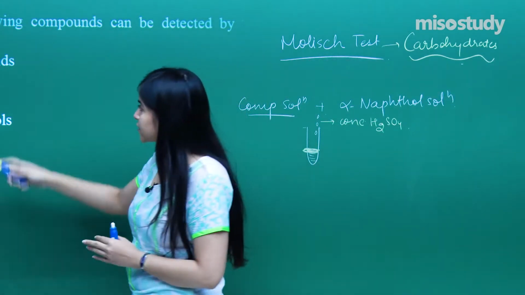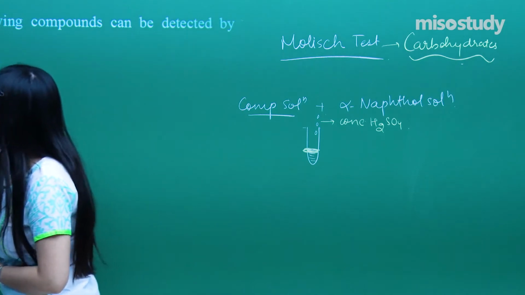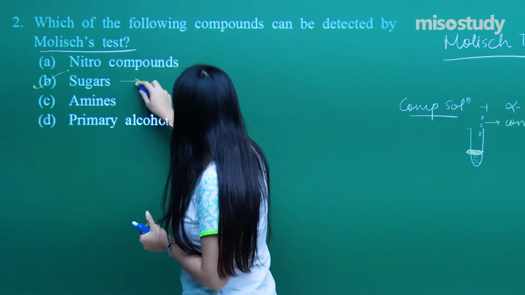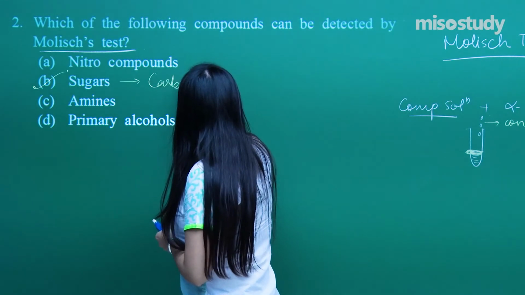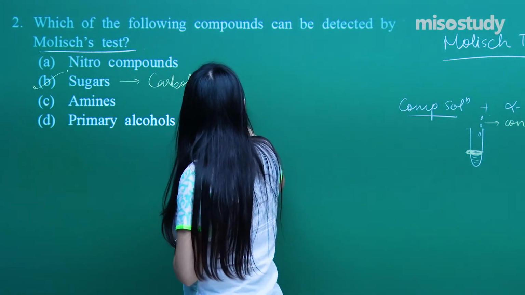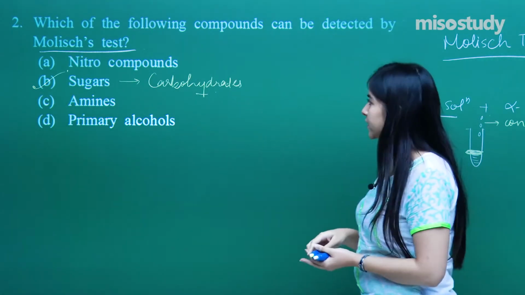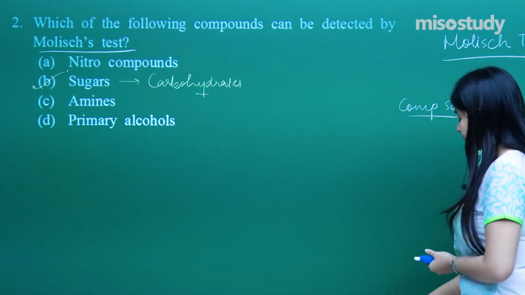That means the Molisch test is always used for the detection of sugars, or we can say carbohydrates. I hope everybody is clear with the test. You need to remember this test particularly. Let us move on to the next question.